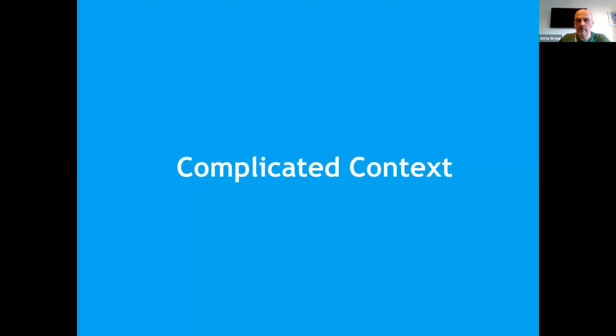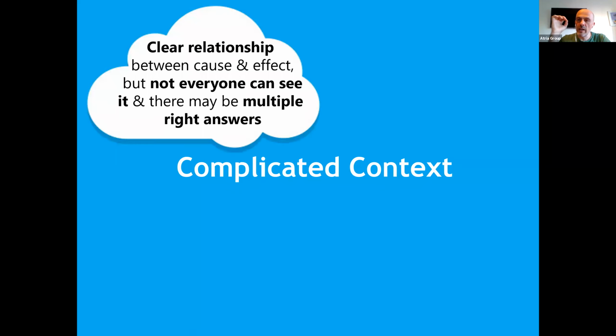Second context, the complicated context. In this context, we have a clear relationship between cause and effect, but to certain people. So some people can observe it, some people can see it, some people can understand how these two things are connected, and cause and effect have multiple ways in which they are interconnected. This is the area of expertise.